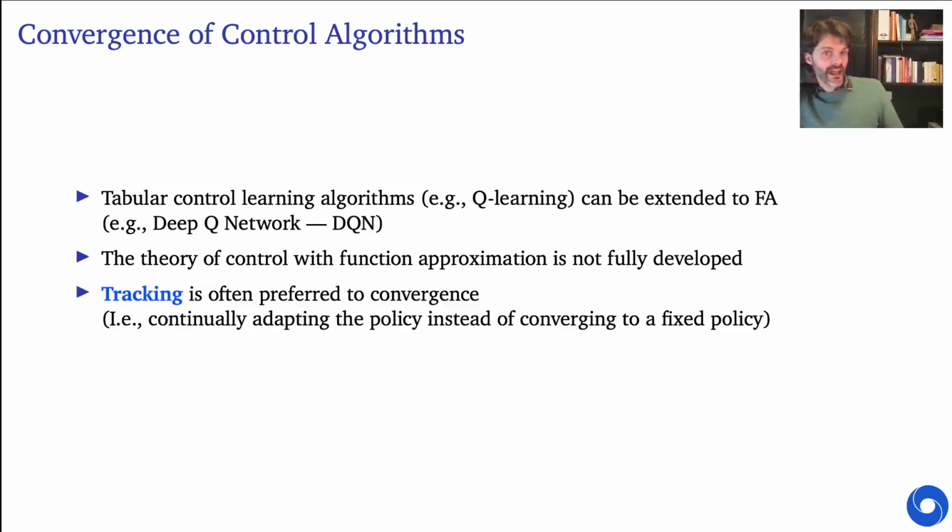In addition to that, actually we might not even want to converge that often or during learning, especially when considering this value learning, because you might actually want to continue tracking. So for instance, if you're doing something like value-based control, your policy will be changing. So your predictions shouldn't converge because they want to converge to whatever the current value of the policy is. But if the policy keeps changing, you actually want to track that rather than converge.